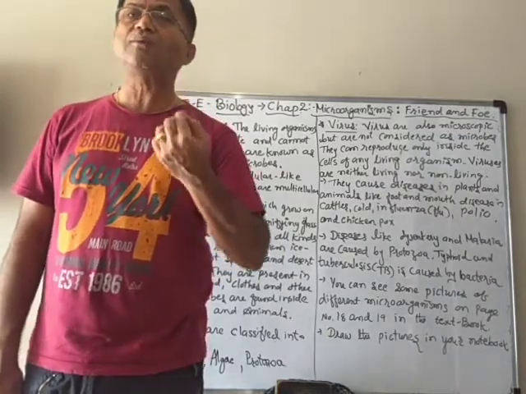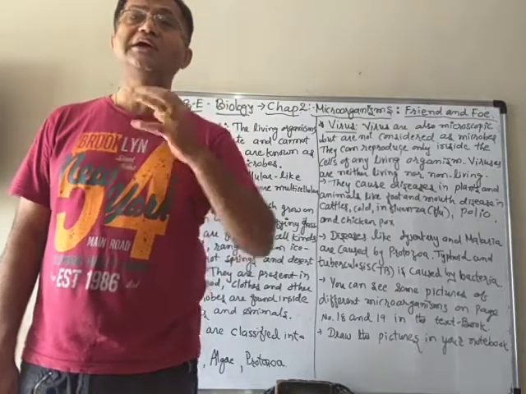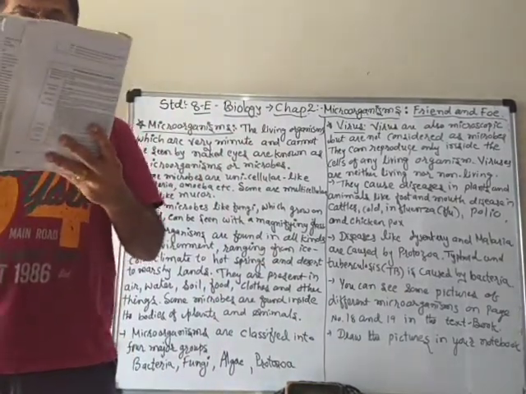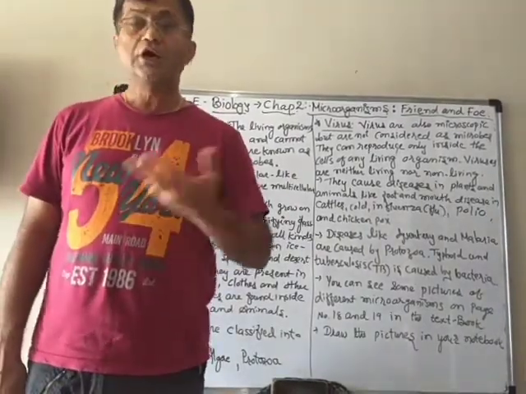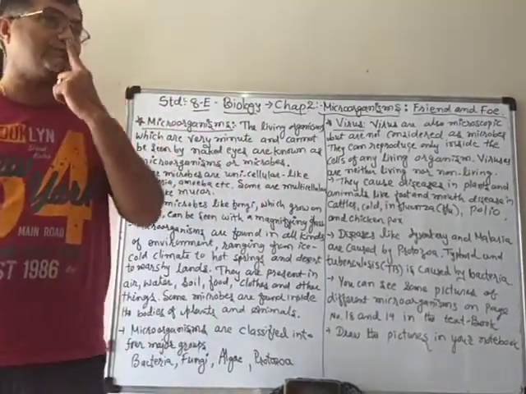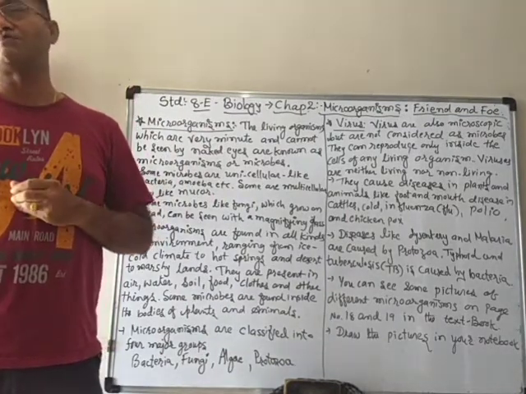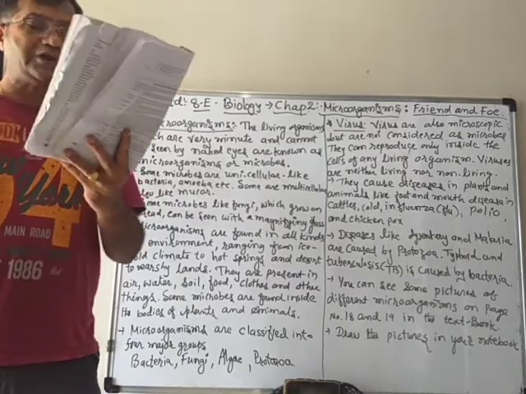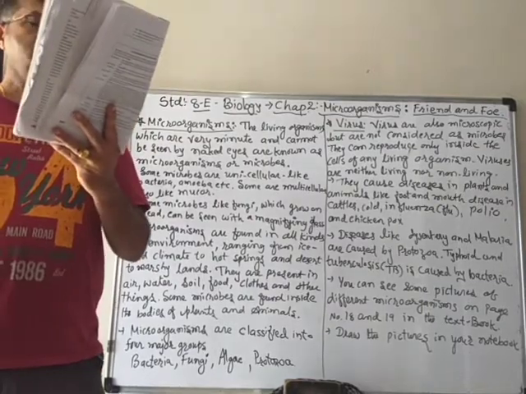Then you will see so many living organisms moving in that water. Those are also microorganisms. If you see that water directly, you won't be able to see them, but under the microscope many microorganisms look like they are moving around inside the water.